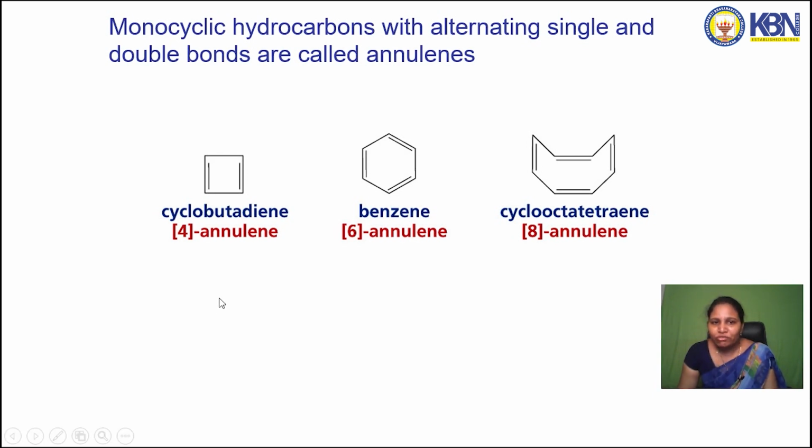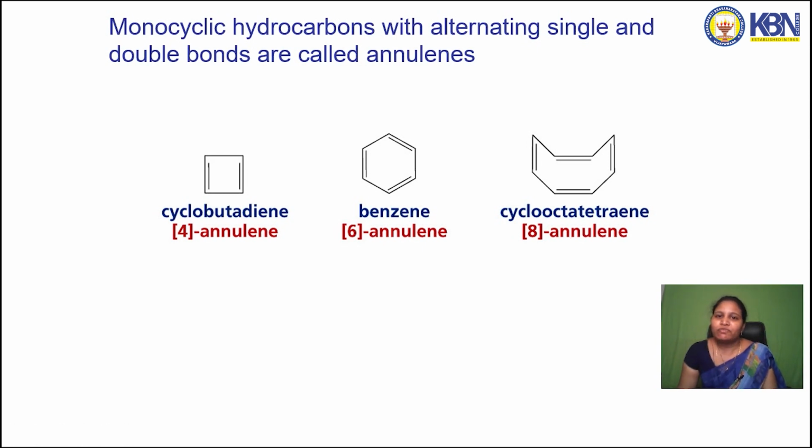So by observing these 3 structures, that is cyclobutadiene, benzene and cyclooctatetraene, only benzene has an odd number of pairs of electrons. Cyclobutadiene contains 2 pairs of electrons, which is an even number. Cyclooctatetraene contains 4 pairs of electrons, which is also an even number.